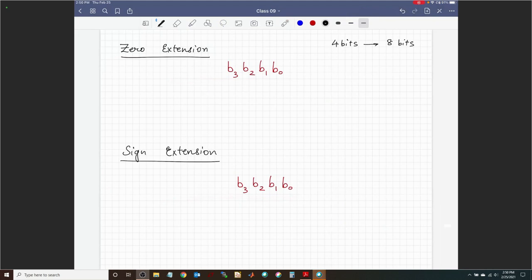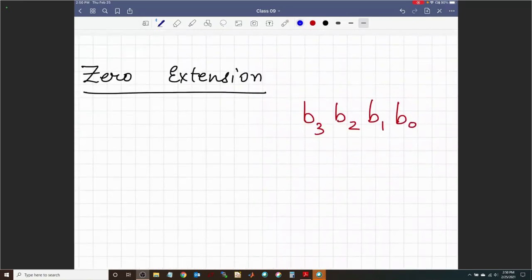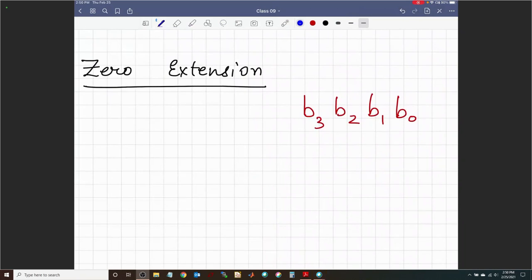So we just write that Bi belongs to 0, 1, where i equals 0, 1, 2, and 3 in this case. So with 4 bits, each of these is a 0 or 1. If I wanted to extend that to 8 bits, what should I do with 0 extension?